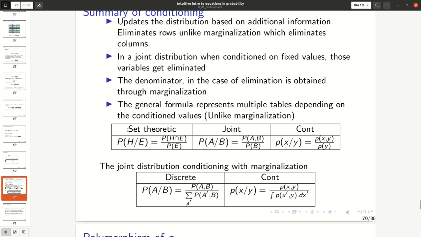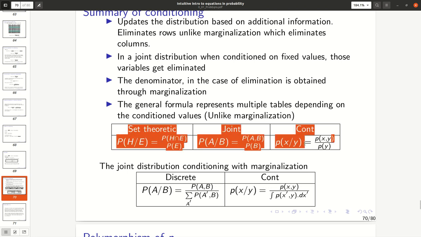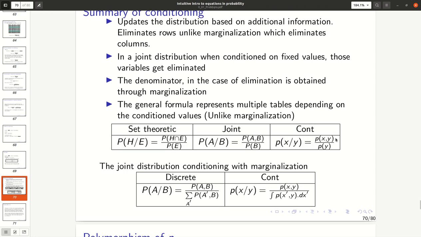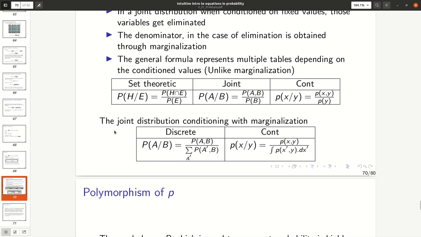I have just summarized the set theoretic, joint and continuous expressions for conditioning. And here is the summarization for conditioning with marginalization. So whatever the denominator P of Y here is, it is expressed below through marginalization.